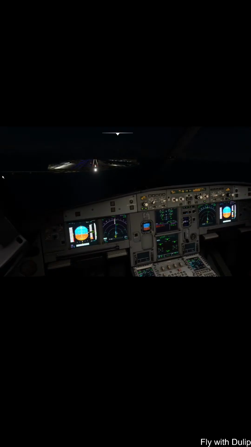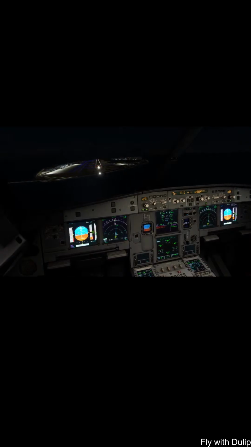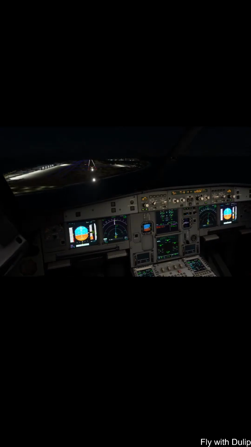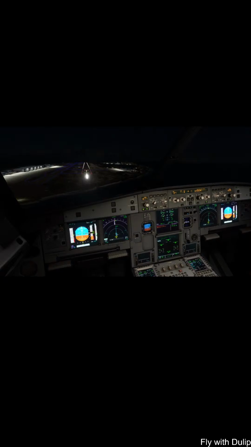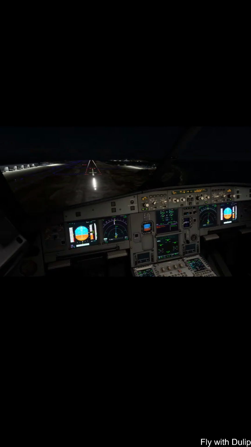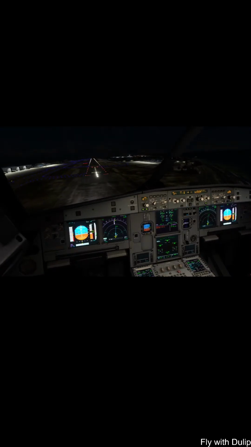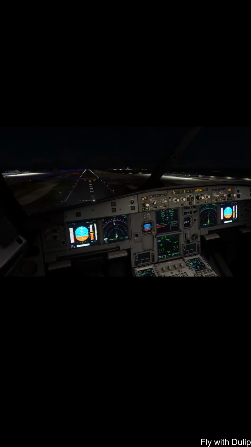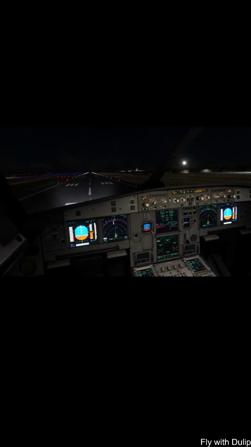Manual landing, check. 100 above. Minimum. Continue. Fifty, 40, 30, 20, 10, 5.